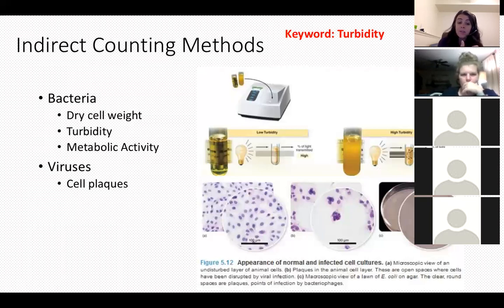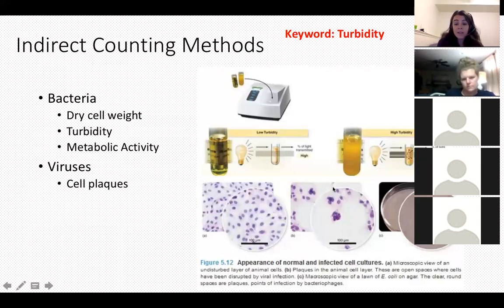Another thing that we can use is turbidity. So looking at how cloudy or how clear our liquid culture is. We would take our sample that has our bacteria in it and put it in a little machine, the spectrometer, that's going to shine light through the culture. So you can see here, if the culture is relatively clear, most of the light that we shine into it is going to get through the culture to the other side where that light sensor is.